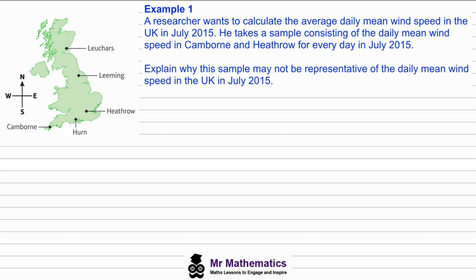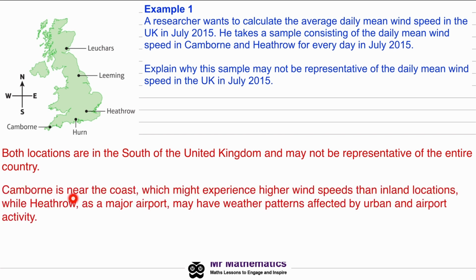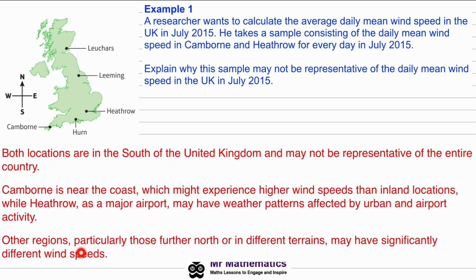So to explain why the sample might not be representative, we'll begin with both locations are in the south of the United Kingdom and might not be representative of the entire country. Camborne is near the coast, which might experience higher wind speeds than inland locations, while Heathrow, as a major airport, may have weather patterns affected by urban and airport activity, and other regions, particularly those further north or in different terrains, may have significantly different wind speeds.